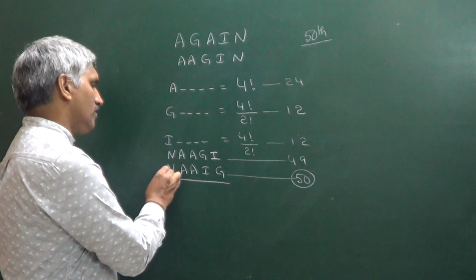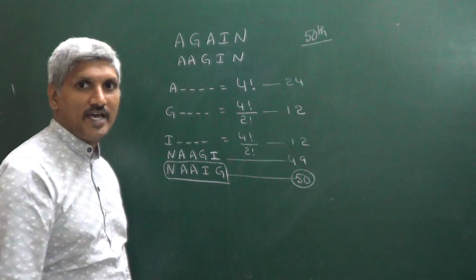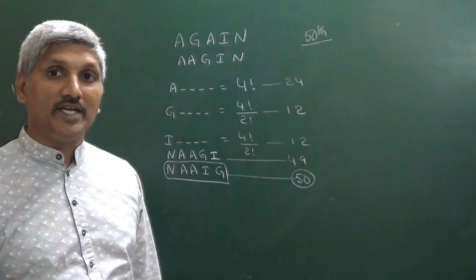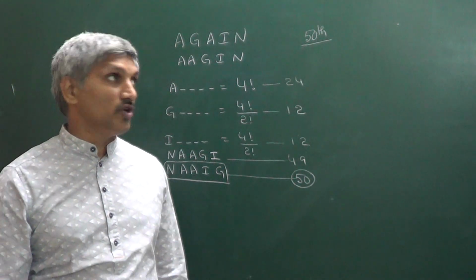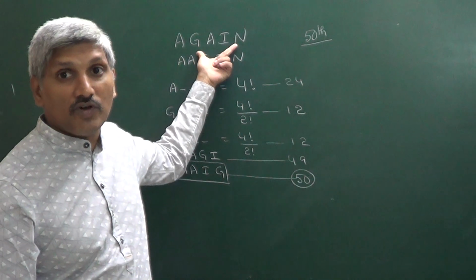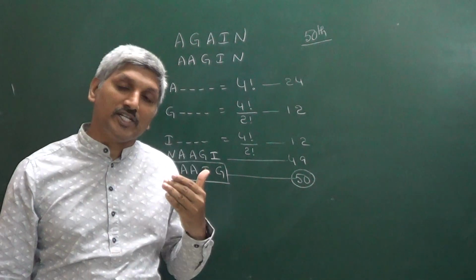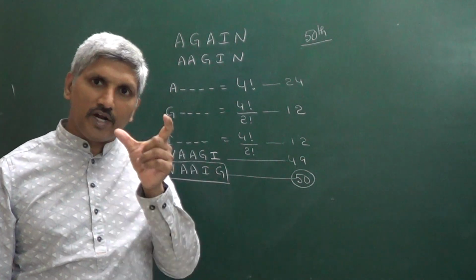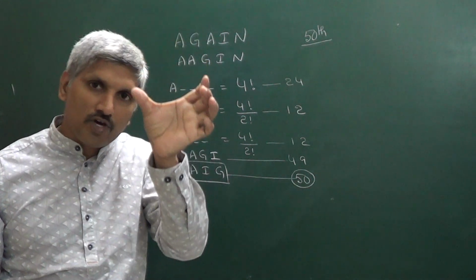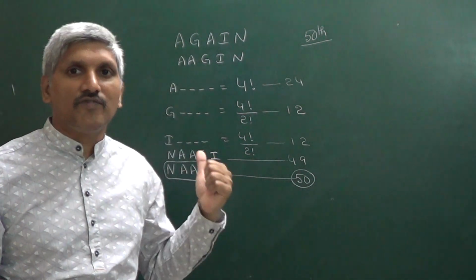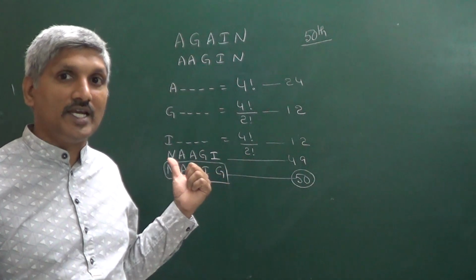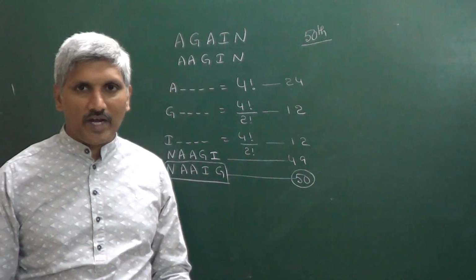That's why the 50th word is given by N, A, I, G. By using the letters of the word AGAIN, if you arrange all the letters, you will get the words. Those words arranged as in a dictionary, the 50th word is N, A, I, G, right?